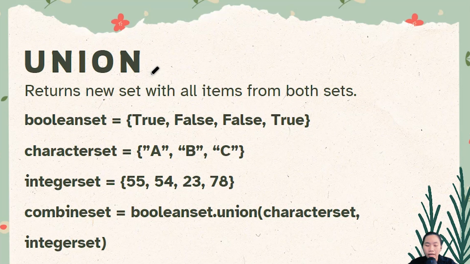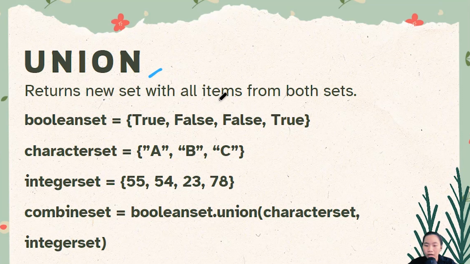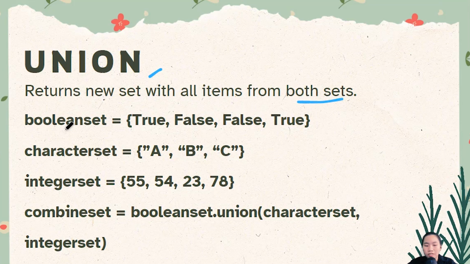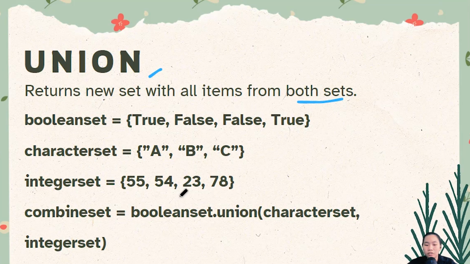Next up, let's look at union. Union will allow you to return a new set with all of the items from both sets, okay? So for example, I have the Boolean set. Obviously, we have true, false, false, and true. Boolean, just true and false. And then we have character set, ABC, integer set, a bunch of whole numbers over here.